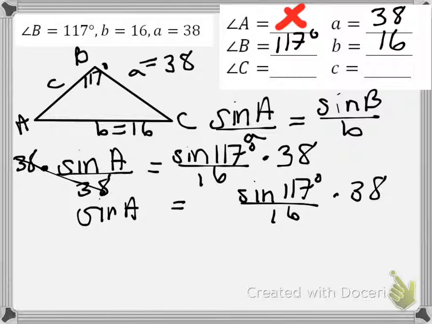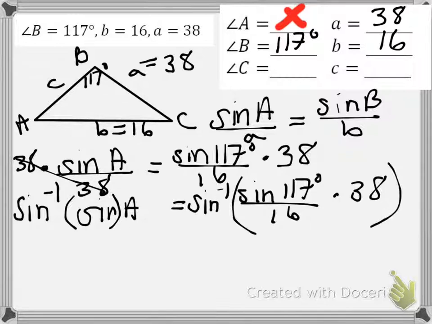Well, I know one thing that cancels out a function is its inverse. So I'm going to take the inverse of sine to get rid of this sine so I can get A by itself. However, what I do to one side, I need to also do to the other.